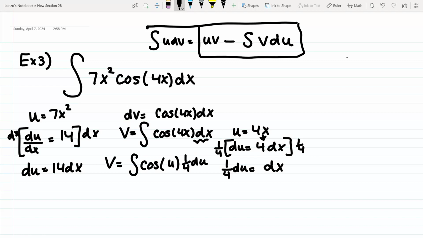Okay. 1/4 is a constant, so you could put that out. And then it's basically the integration of cosine of u du. So what is the integration of cosine u? It is sin u.